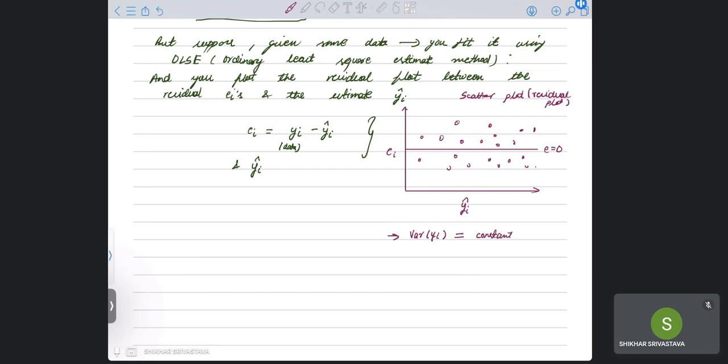Because as we increase the value of y, the residuals are not changing much, so they are uniformly distributed about the e equal to 0 line, and it implies your model is doing a good job.